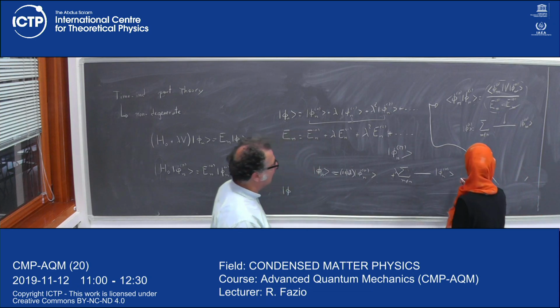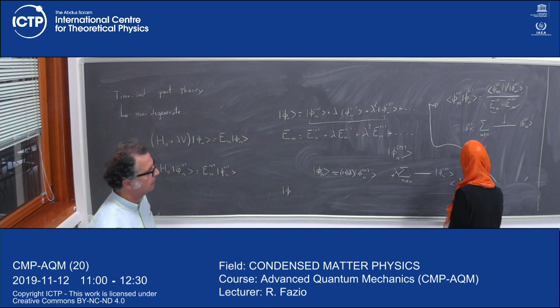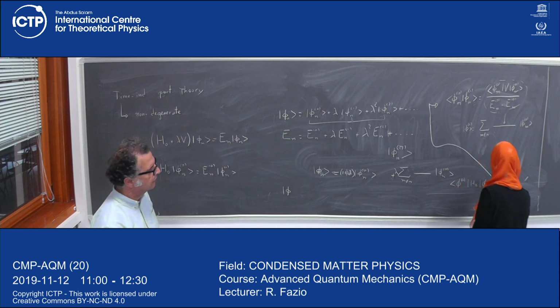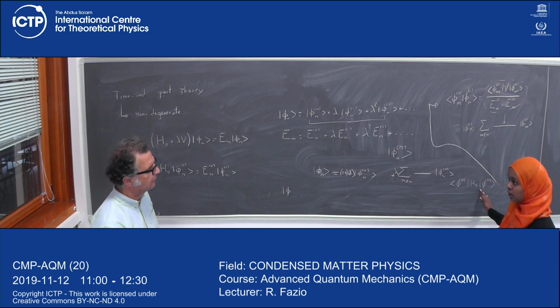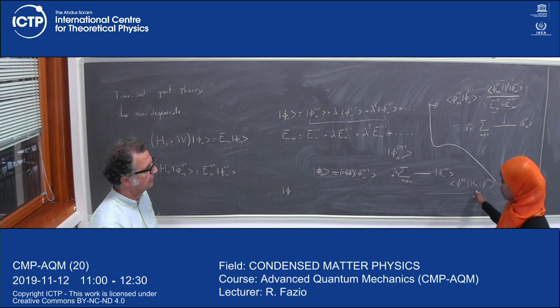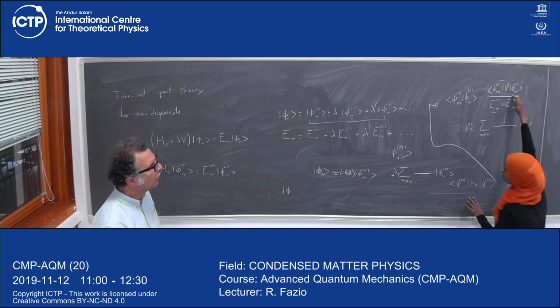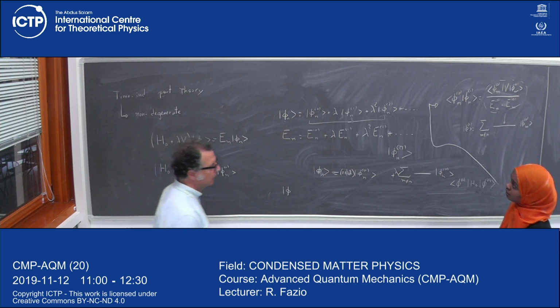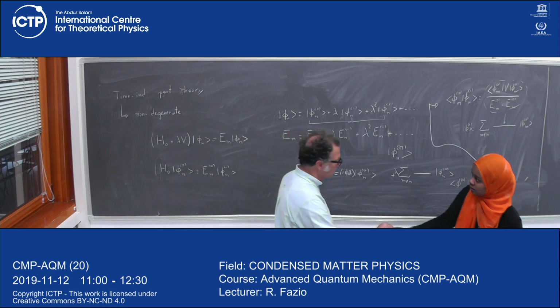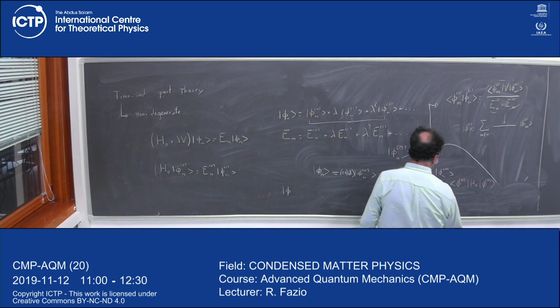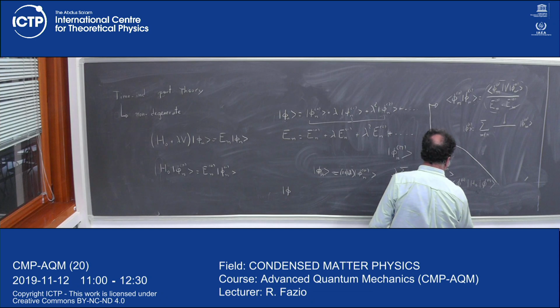We just did something like 0, h naught, phi 1. And it got us 0. But at the same time, we can do this. This is not 0. Can I? Yes. No, this is equal to E0.